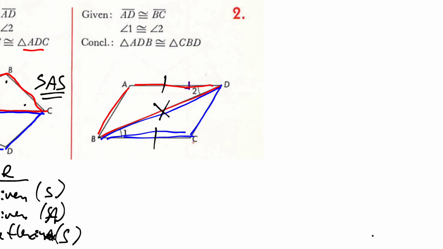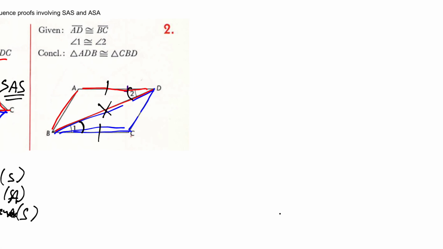And they tell us that angle 1 is congruent to angle 2. Angle 1 is not over there. Angle 1 is over here, which is good because this is your typical another side angle side situation. Yeah, this is a good place to do it.